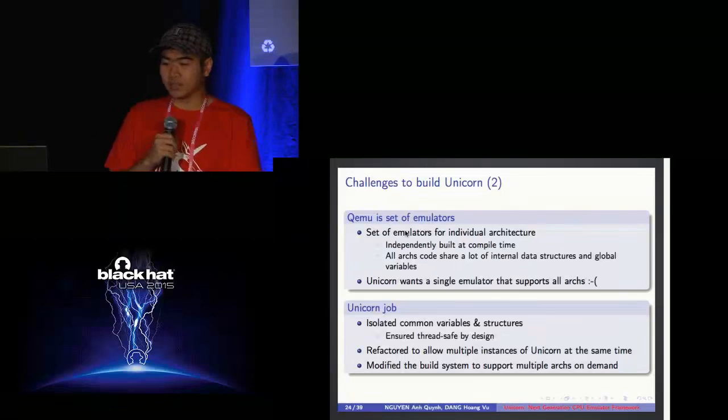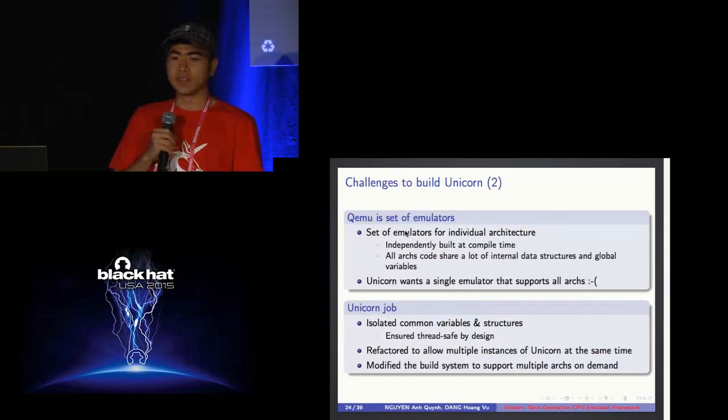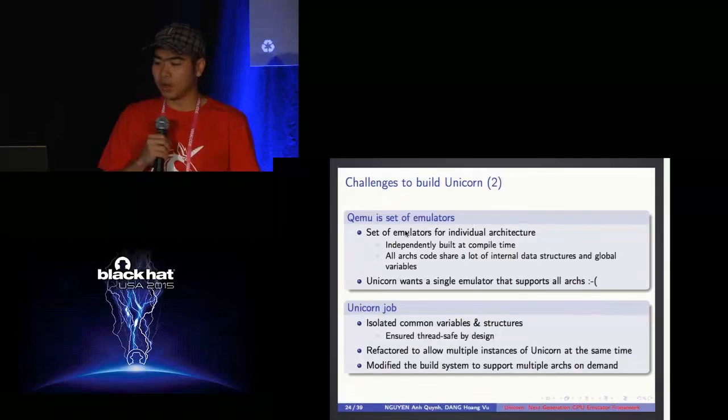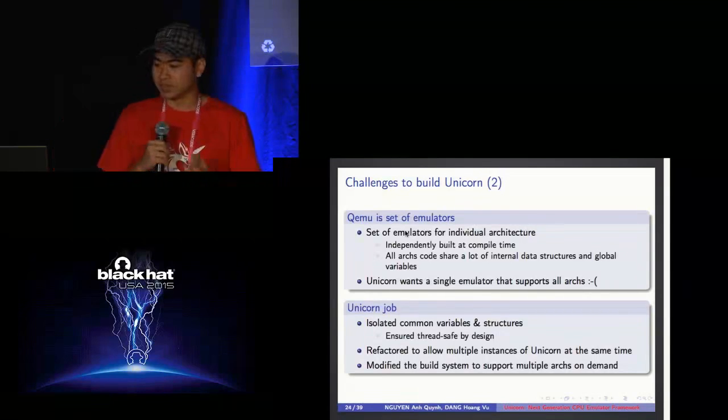So we isolated all of these variables and structures to ensure our API is thread safe by design. We also refactored to allow multiple instances of Unicorn at the same time, so you can spawn a lot of threads running Unicorns, or you can create different Unicorn instances that emulate different architectures in the same binary. Also, we modified the build system to support multiple architectures on demand.